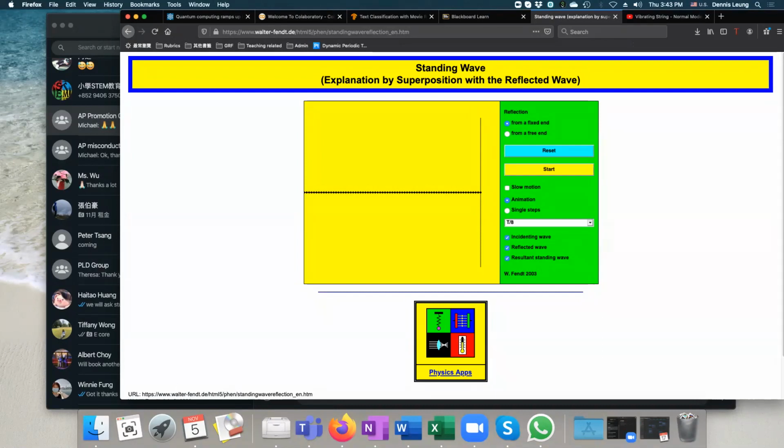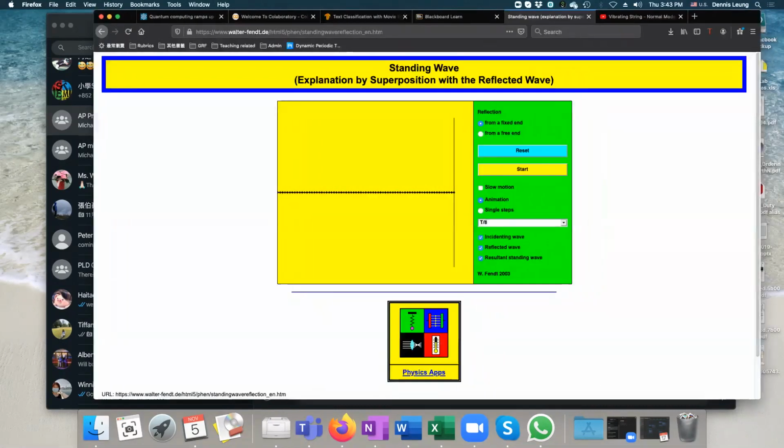Now, this is a simulation on the internet, and it demonstrates how you generate a standing wave, as the name would suggest. But as we will see, it is not really a truly standing wave that does not move at all. It actually involves traveling waves. So how it works out, let us take a look.